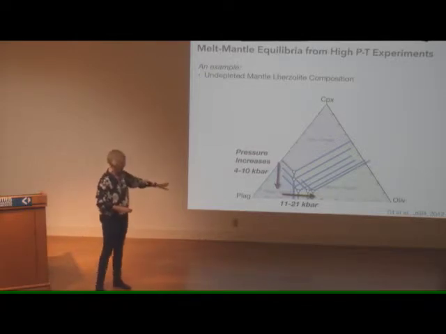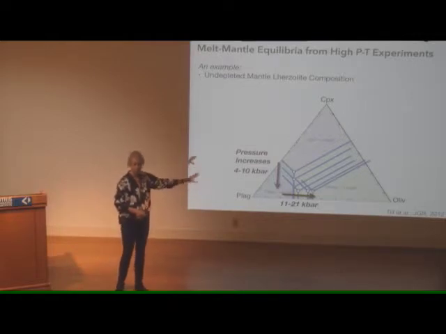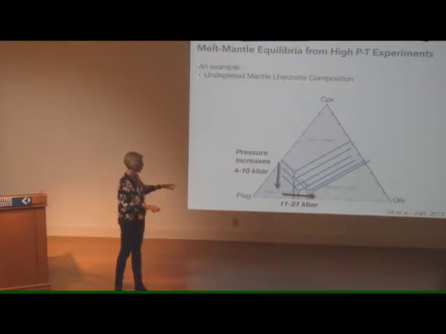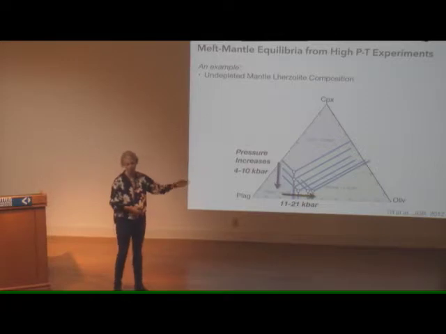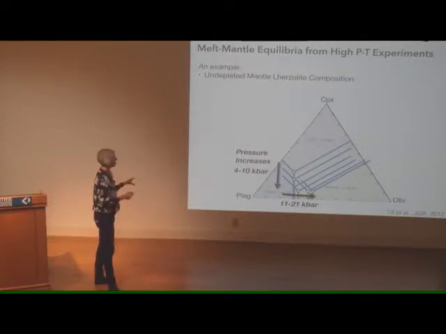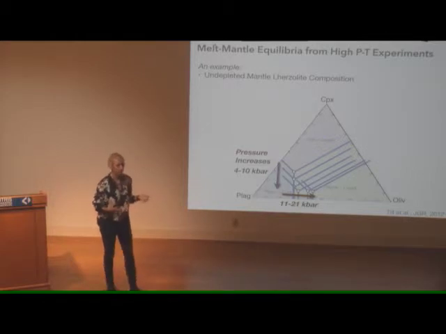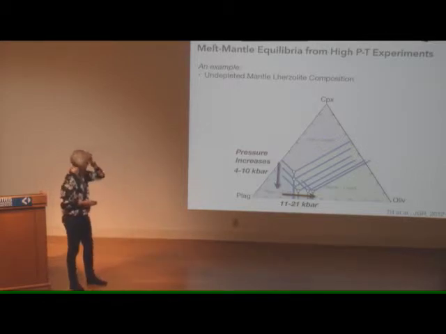But we could do the exact same exercise now with a different mantle composition, which people have done, and show how this melt composition varies. Now we're melting a harzburgite mantle, or we're melting a lherzolite, but it has been variably metasomatized or something like that. Okay.